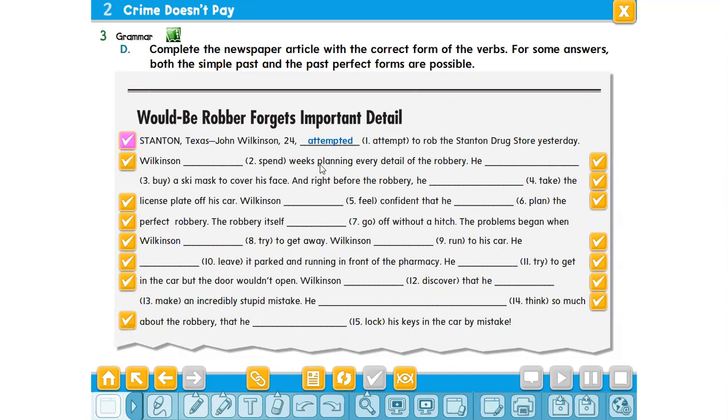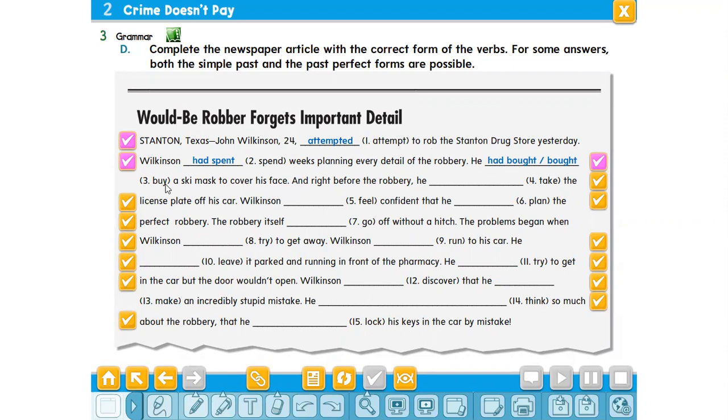Wilkinson spent weeks planning every detail of the robbery. Spent here will be had spent. Okay? He bought a ski mask to cover his face. Buy will be had bought or bought. We can use both.